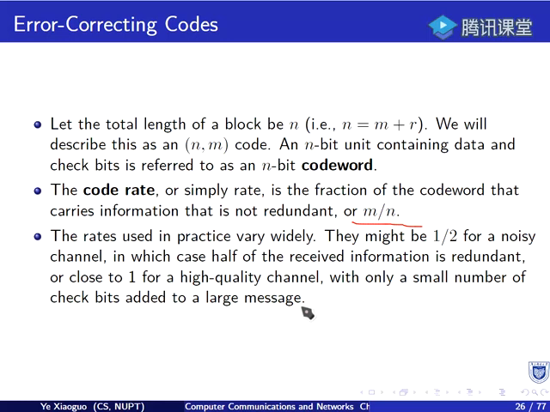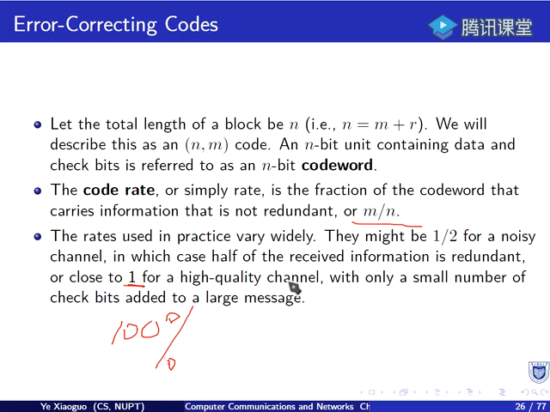If it is an optical fiber channel, then the rate is close to 1. Close to 1 means 100%, right? 100% means the rate is close to 1 if optical fiber is used.